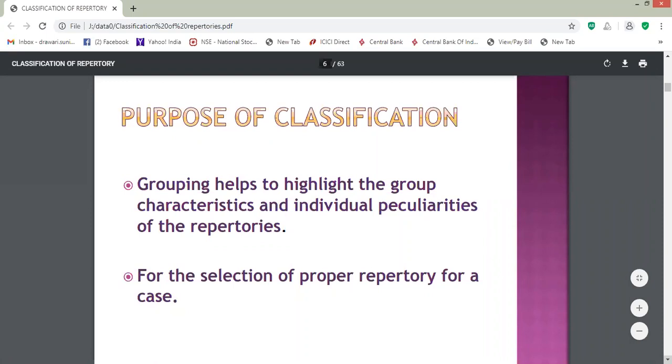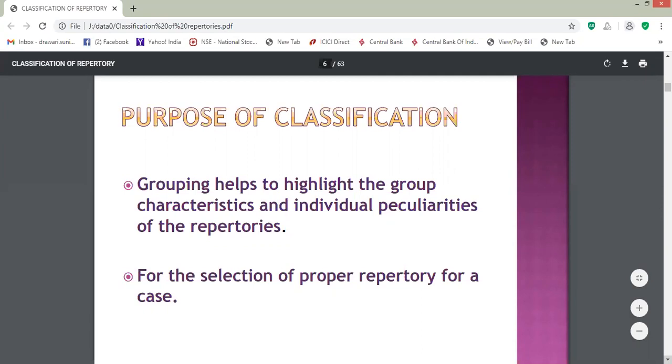Then the repertories under the first group, that is having some fixed philosophical background, include those which definitely have some fixed philosophy, or the Puritan group of repertories. They are not used for proper repertorization.